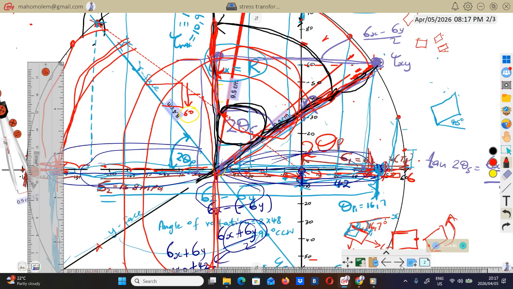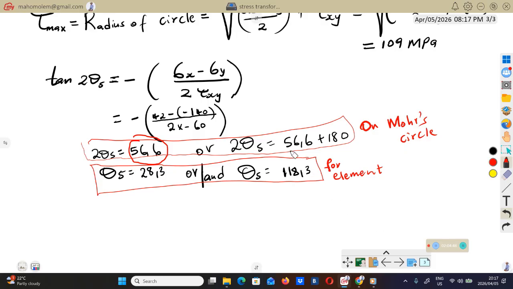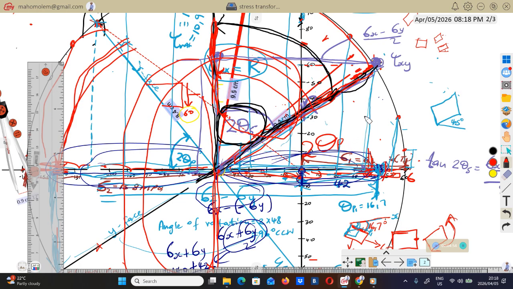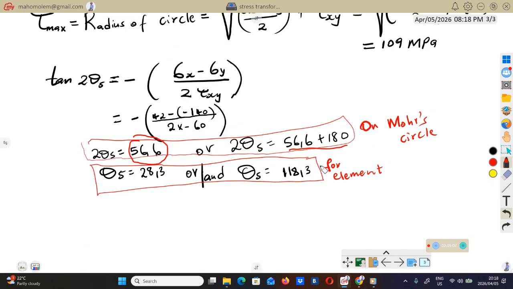So that angle will be this one. So on Mohr's circle, to move this plane from here to here, you must move by that angle of 57 plus 180. That is on Mohr's circle. And then on the element, you take that angle, divide by 2, and you'll get this.